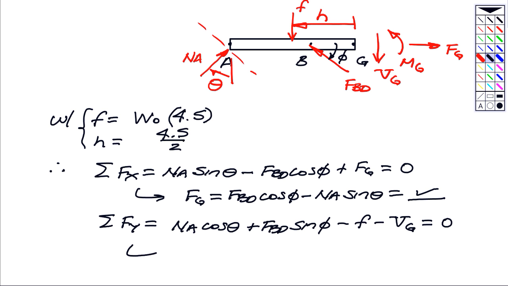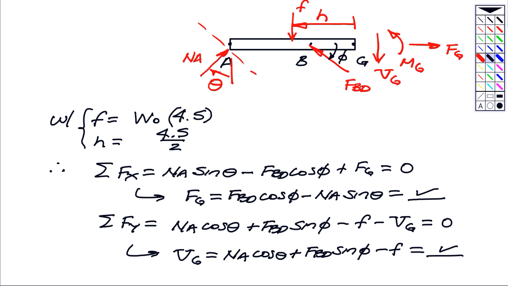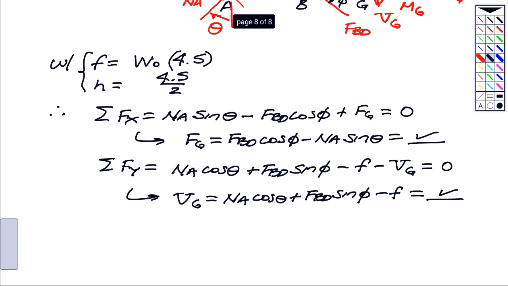So from this, we solve for the internal shear force VG as NA cosine theta. We know that one. FBD, we know that, times sine phi, minus F. And so that sum on the right-hand side gives us VG. And therefore, we have all the numbers it takes to get the answers.